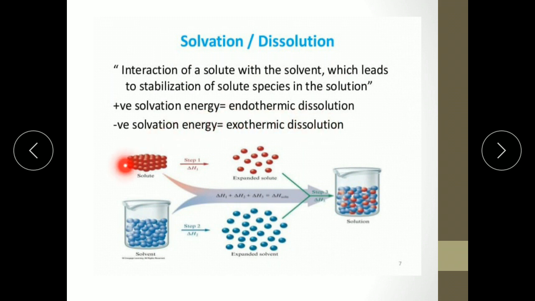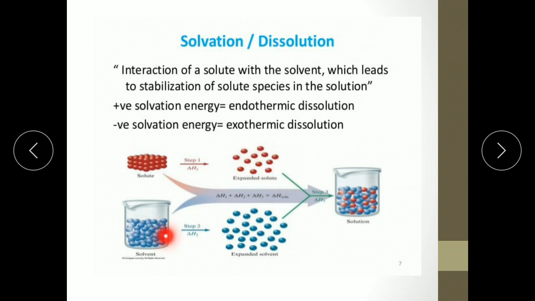Now this is diagrammatically how solvation will occur, shown here. In first step, the bond between the solute molecules will get disturbed, and the molecules will get free.